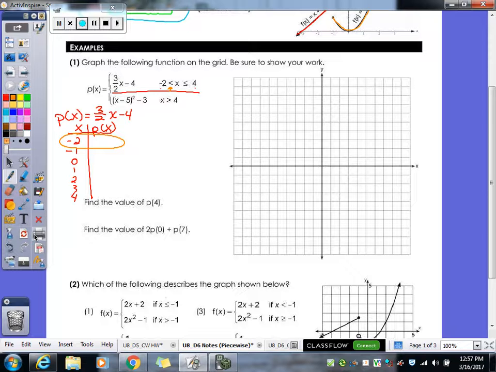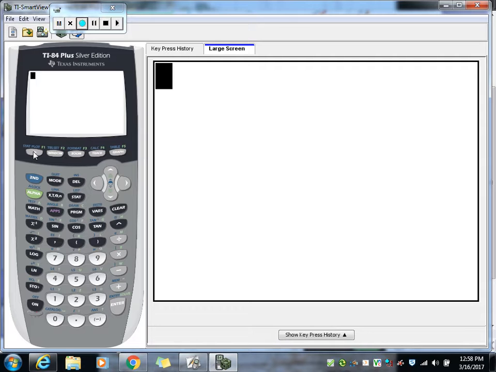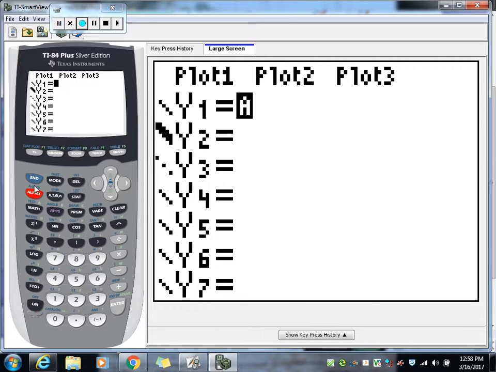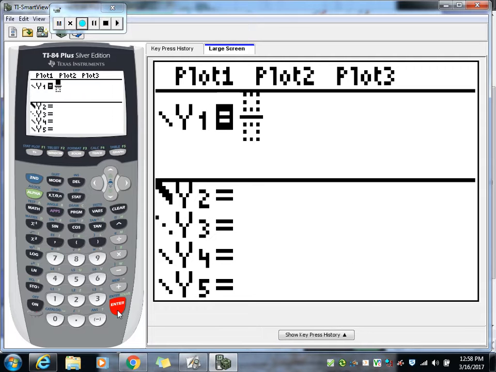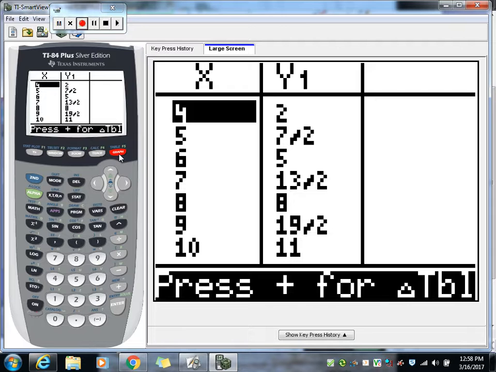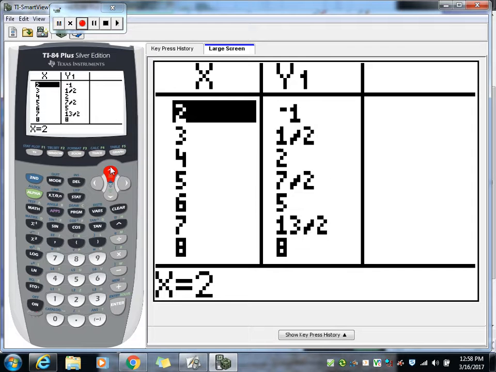So let's use our calculator to help us fill in the rest of our table. We'll go to our y equals. I'm going to do my alpha y equals, the first choice to get my fraction. 3 over 2x. And what was the last part of it? Minus 4, thank you. So we'll look at our table. I'll go up to -2.